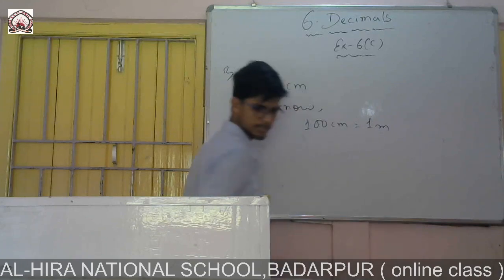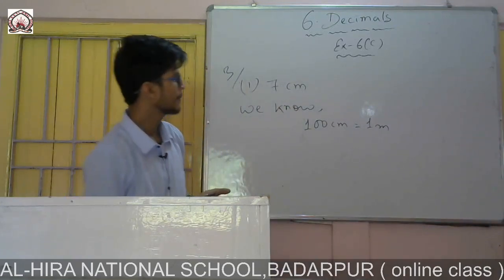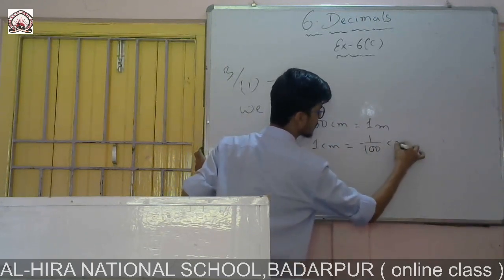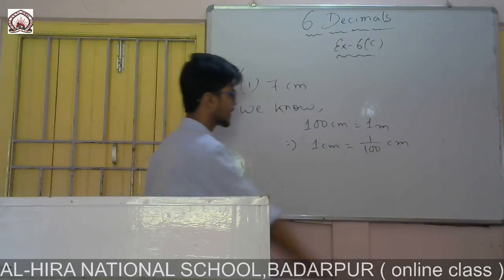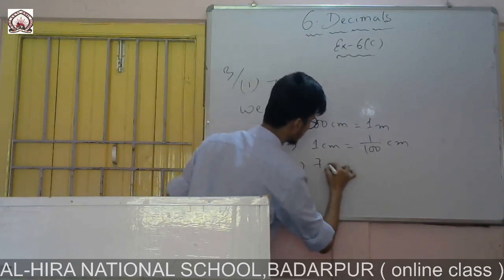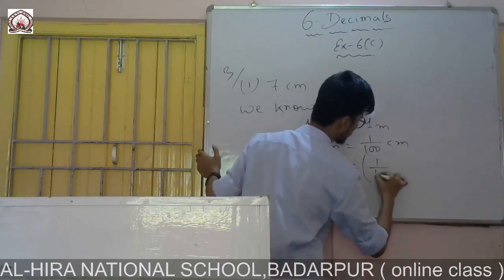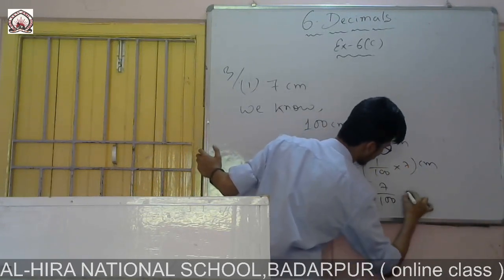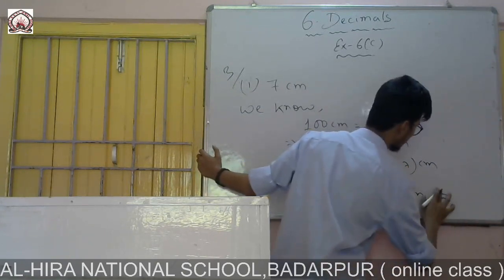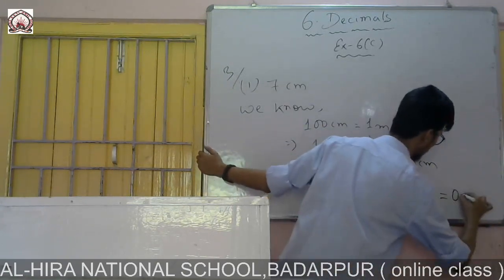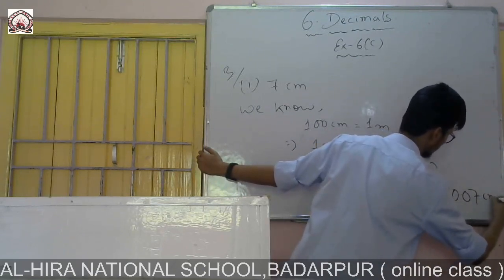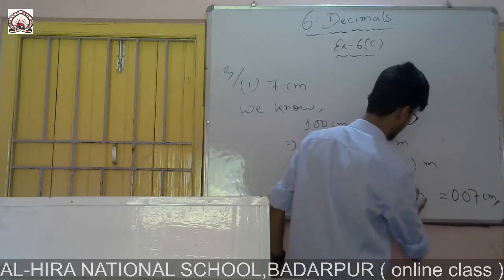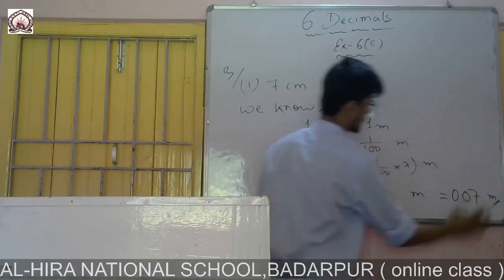That means 1 centimeter equals 1 by 100 meter. I am finding the value for 7 centimeter, so I multiply this by 7, which equals 7 by 100, which I can write as 0.07 meter.